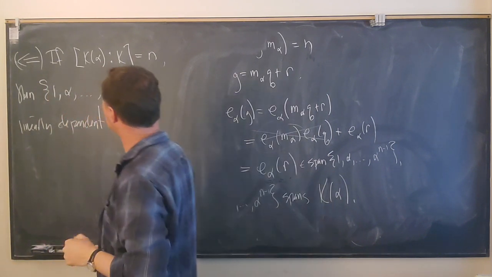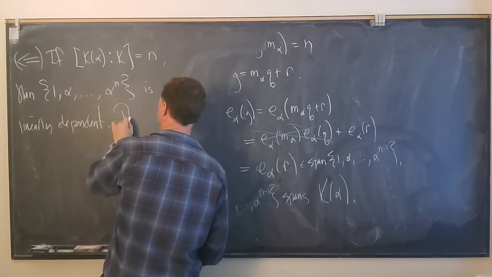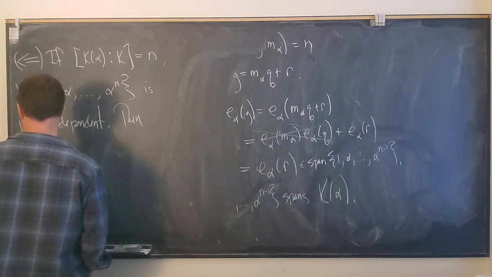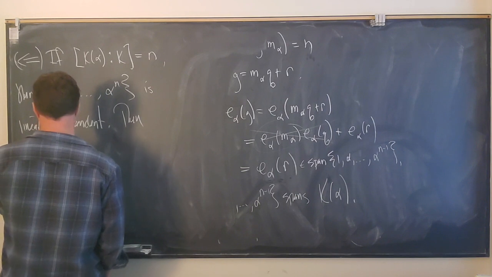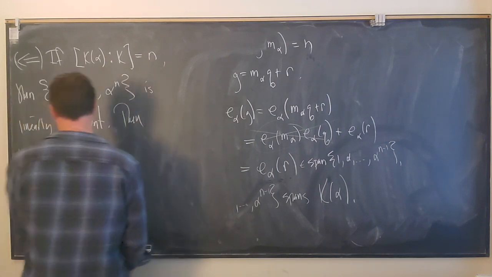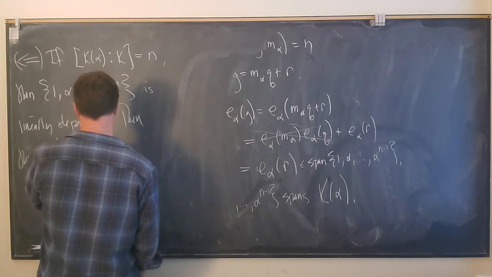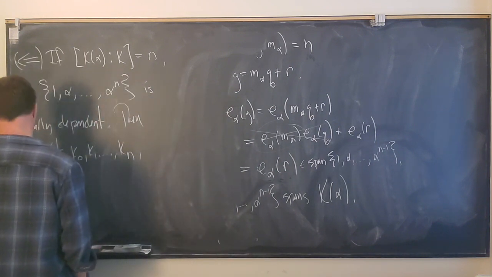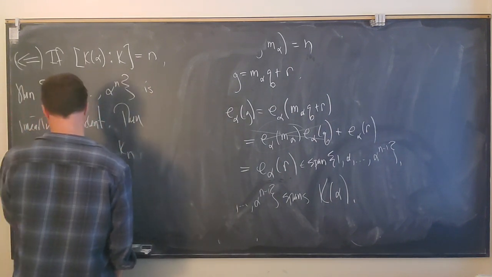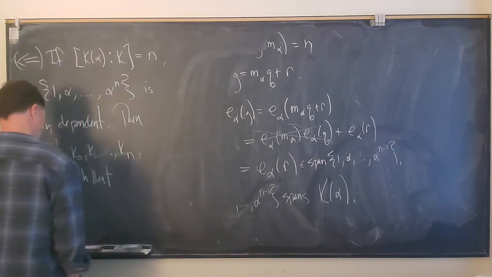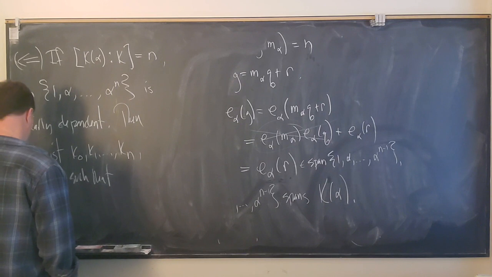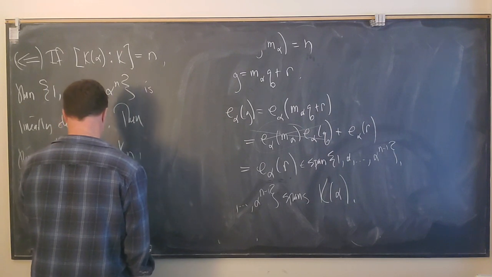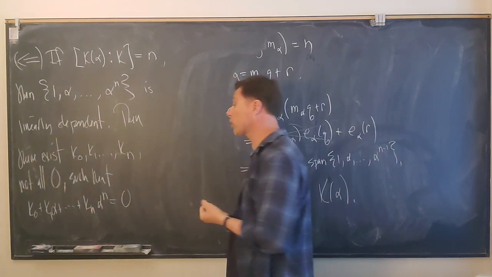And so there exist k0, k1, up through k sub n, not all 0, such that k0 plus k1 alpha plus dot dot dot plus k sub n alpha to the n is equal to 0. We get a non-trivial linear combination equal to 0.